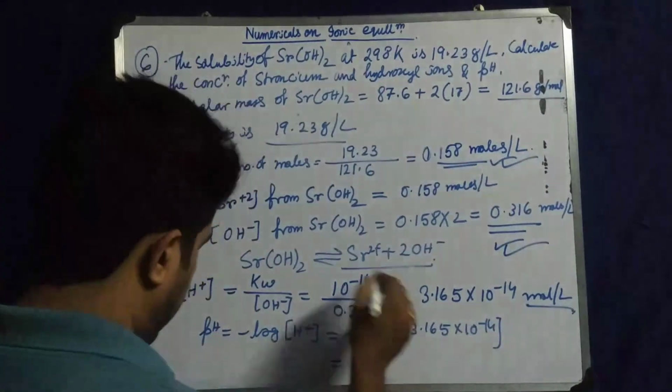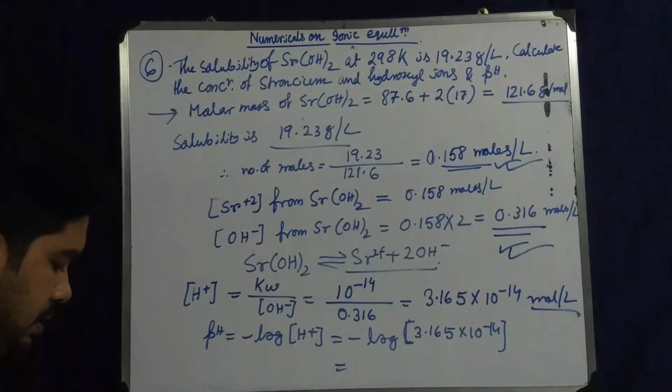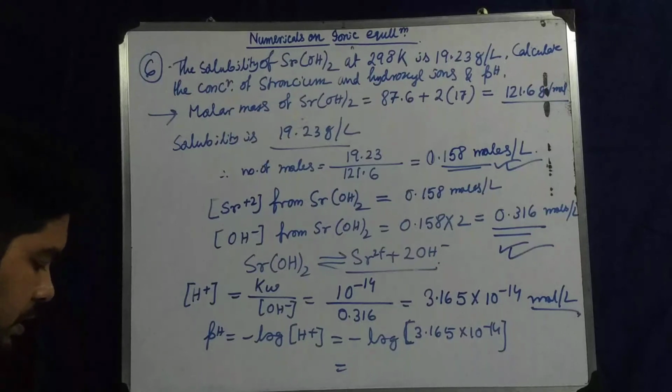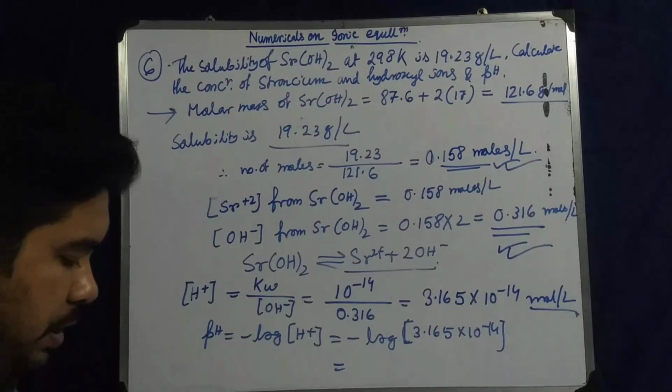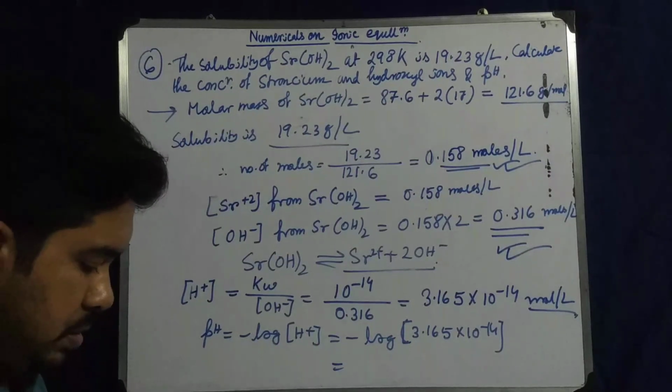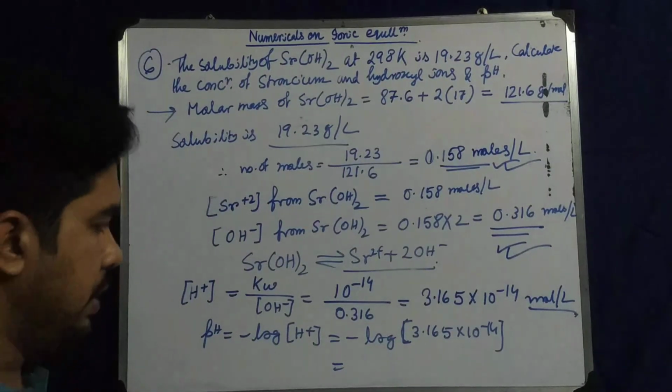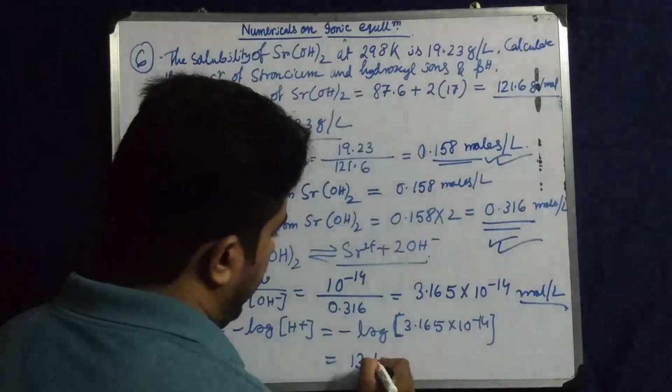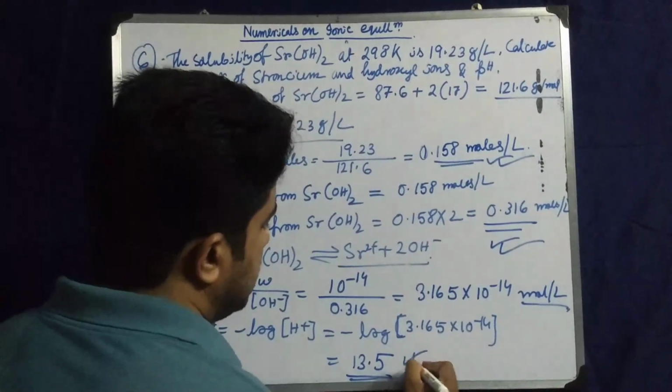Now calculate this pH. I am getting it. 14 minus log 3.165. It will be 13.5. So that will be our answer.